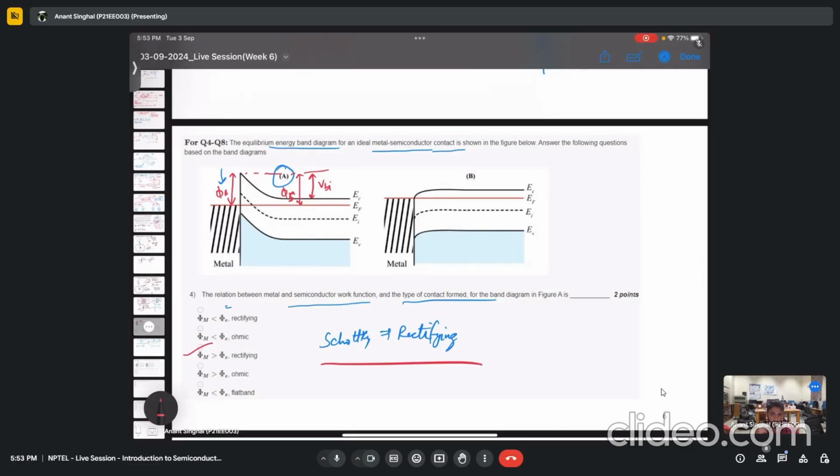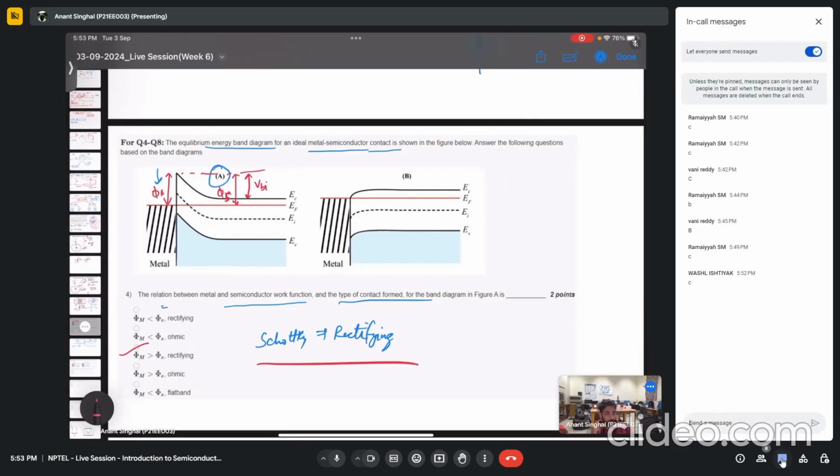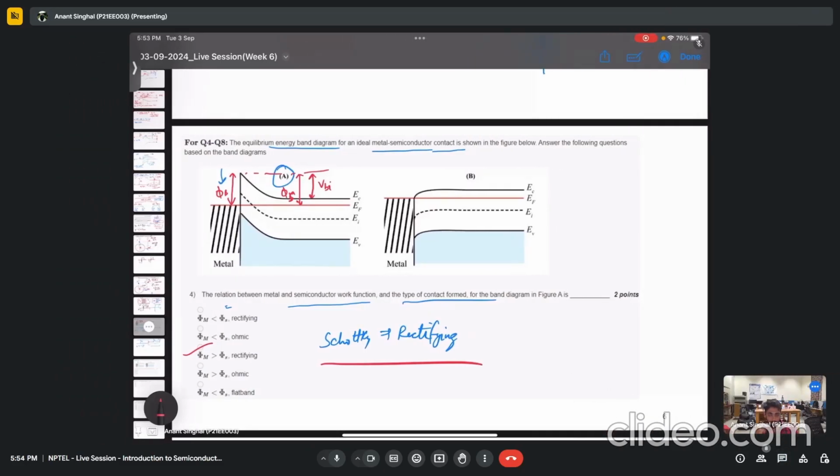Any doubts here? Please let me know if you are having any doubts. No, sir. Okay, so if not, please let me know the same for B. We have already discussed this also in the class, so give it a go and let me know what will be the case for figure B.